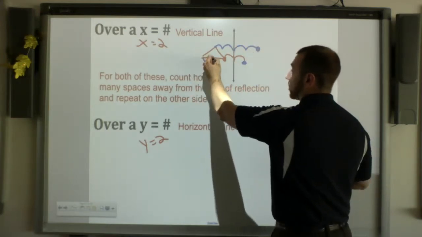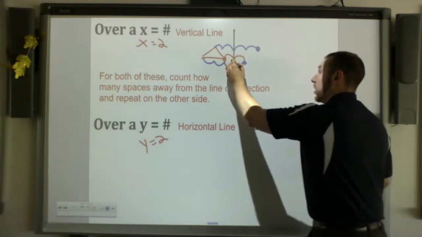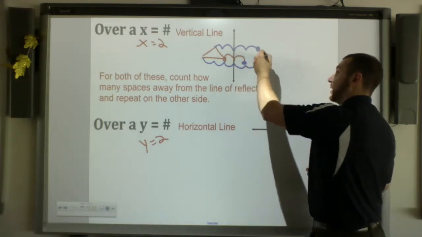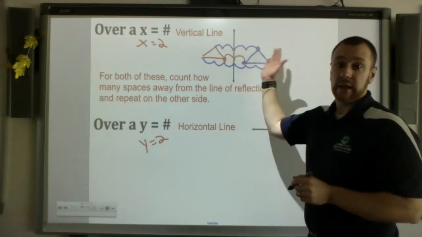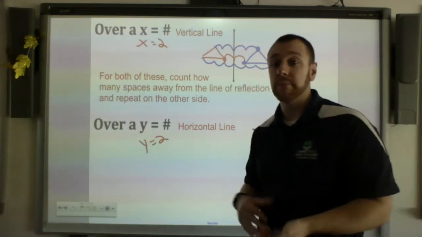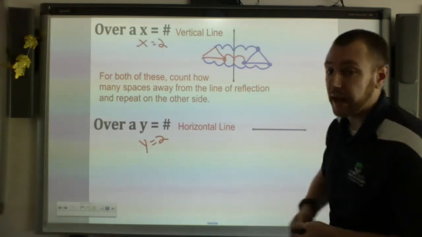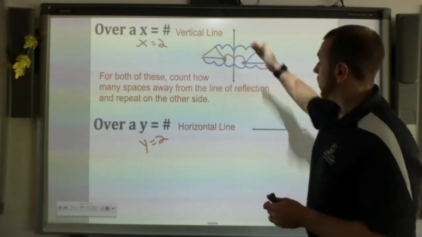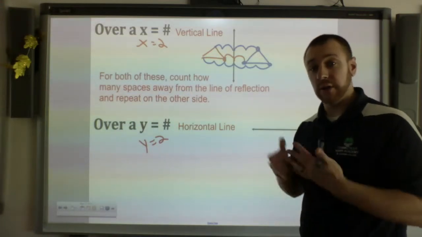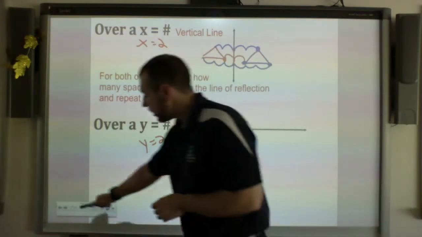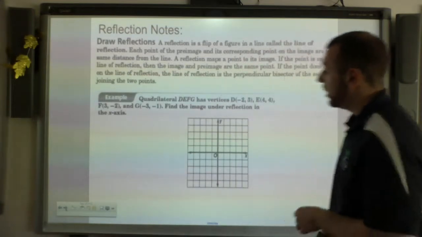If this is 3 away, I would go 3 away on this side. And I would create a mirror image reflected on the other side. It's all about counting. The biggest problem that people have is drawing that vertical or horizontal line. After that, all you're doing is counting. So let's get through these examples.